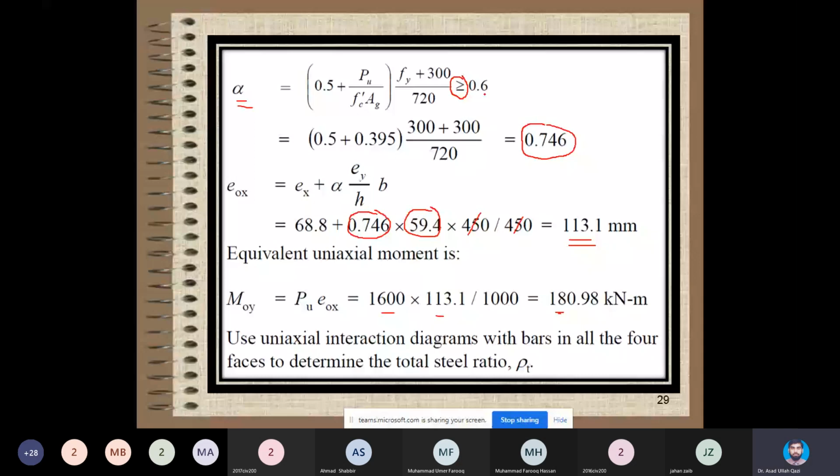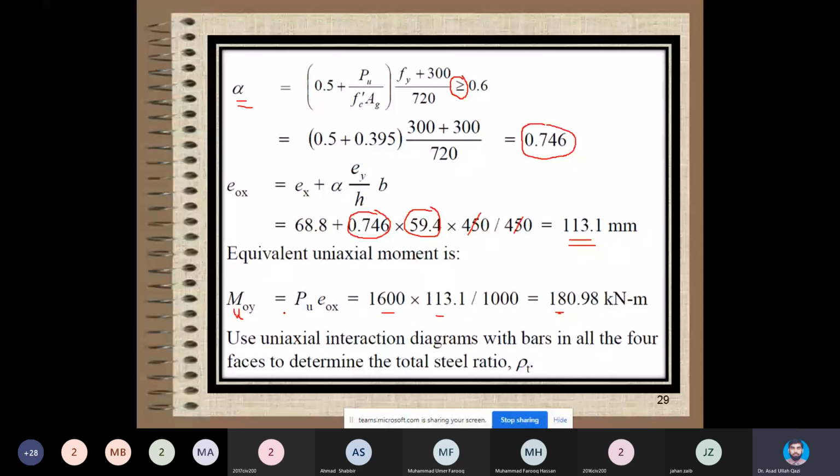So this is what our equivalent eccentricity is. Now keep in mind that you are multiplying PU with E naught X. So actually you are getting here the ultimate equivalent moment about the y-axis.